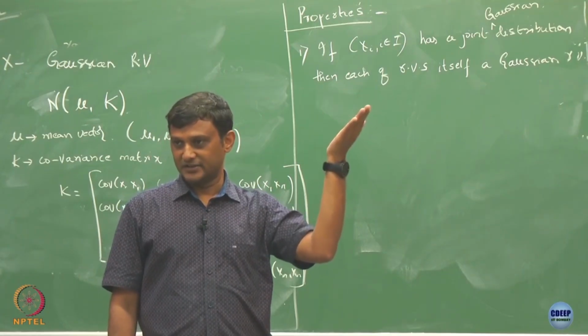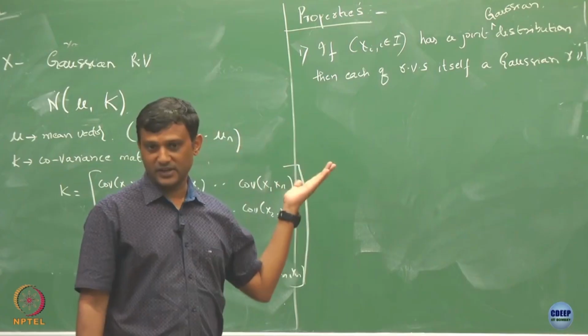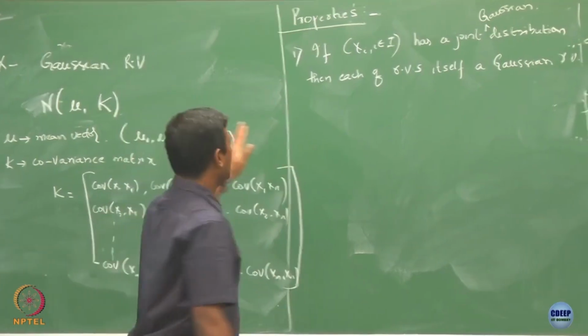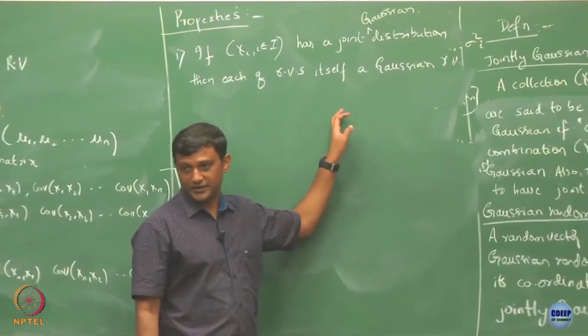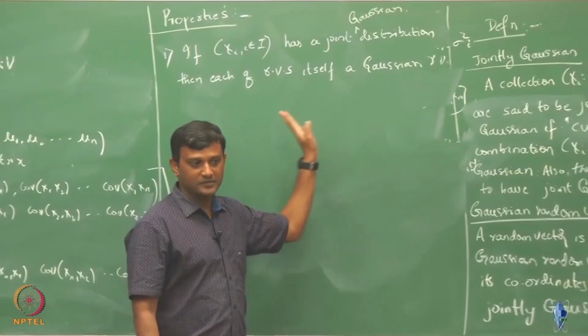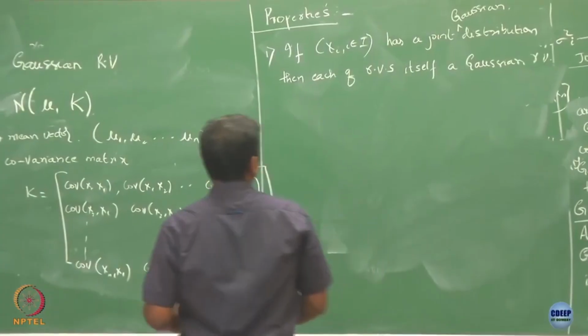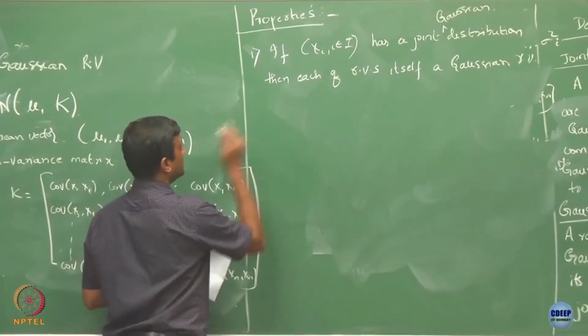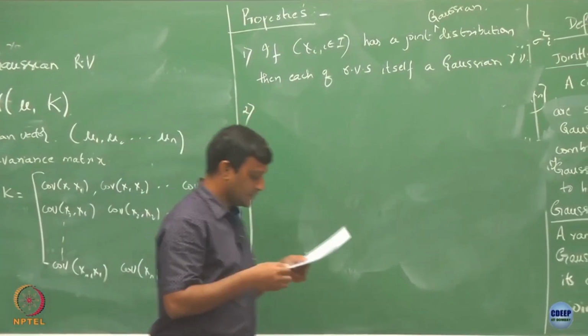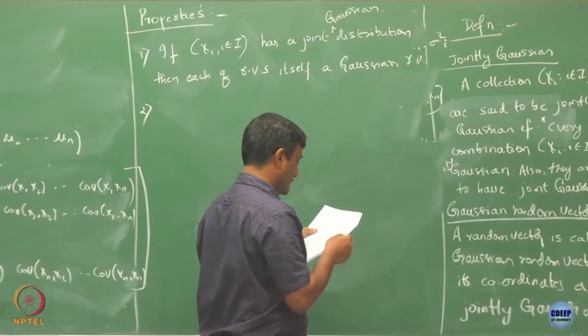But since A1 is essentially a constant, it must be that x1 is Gaussian, and similarly for each of the components. So it must be the case that if the set of random variables has a joint Gaussian distribution, each one of them is itself a Gaussian random variable.